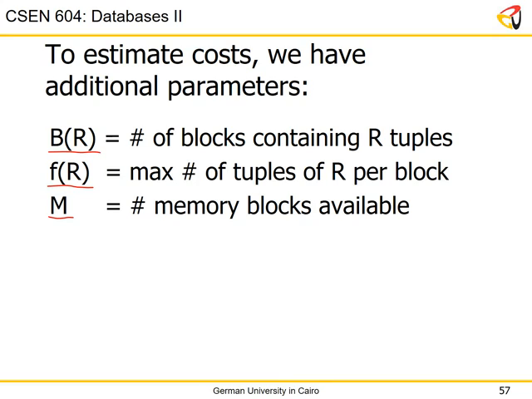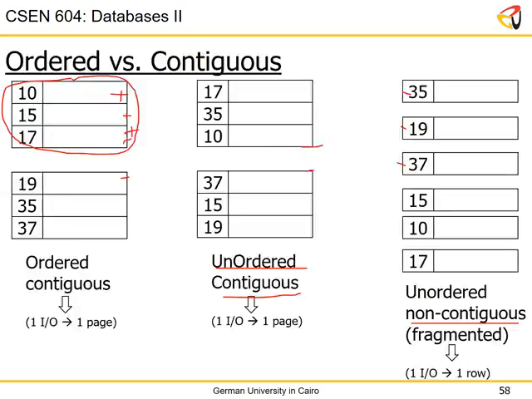Database engines do not open the door for abuse by the SQL writer. So your SQL will run utilizing a small number of memory pages, and we refer to that as M. So this is how we are going to compute things.